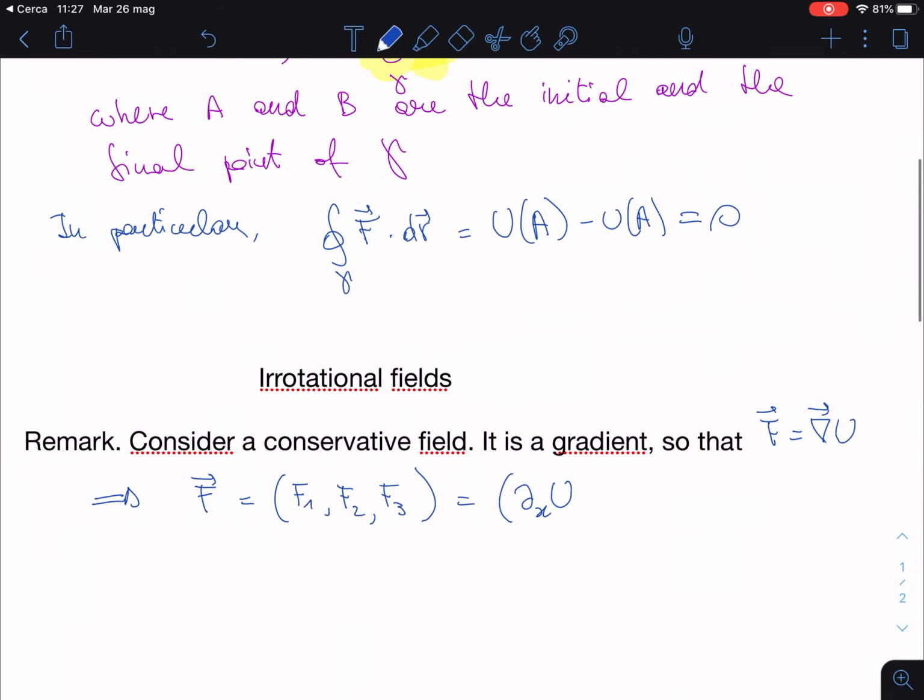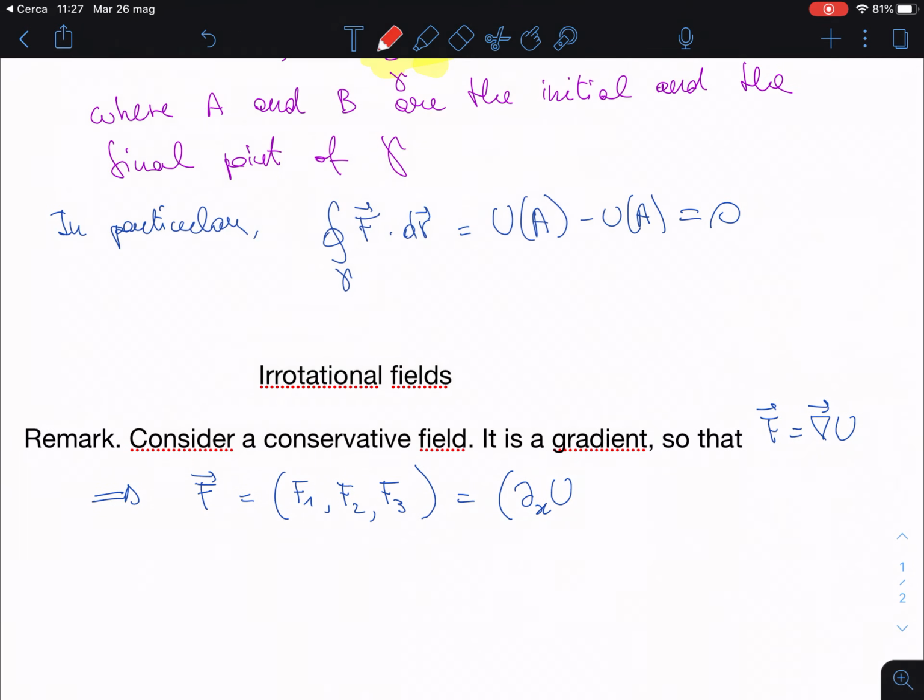I use this short notation dx instead of d over dx. The second is the derivative with respect to y of u, and the third is the derivative with respect to z of u.